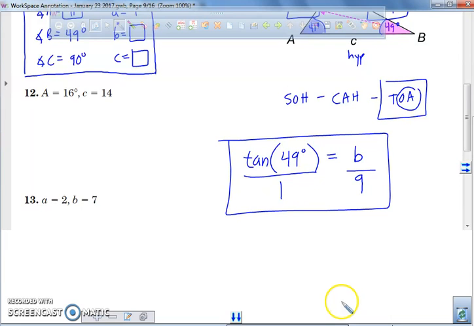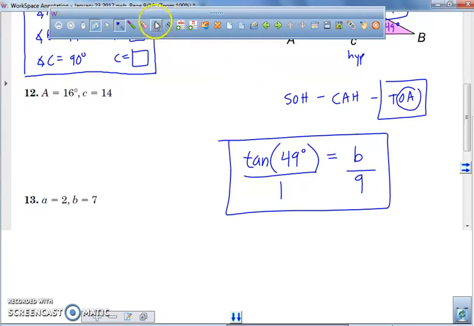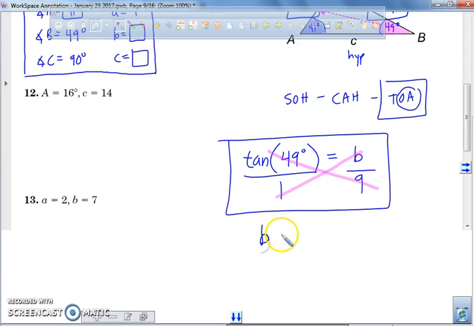King, you did a good job of choosing the 49-degree angle, because where does the variable end up being? It ends up in the numerator. Whenever you cross multiply, when the variable's in the numerator, look what happens. b times 1 is b.